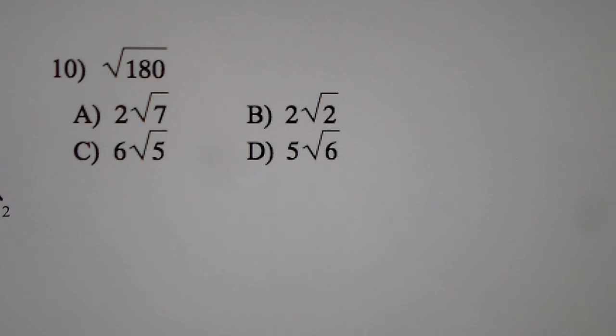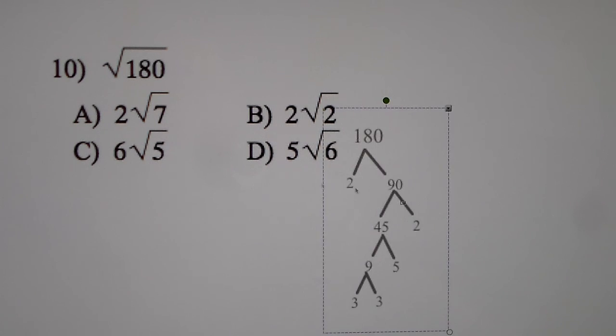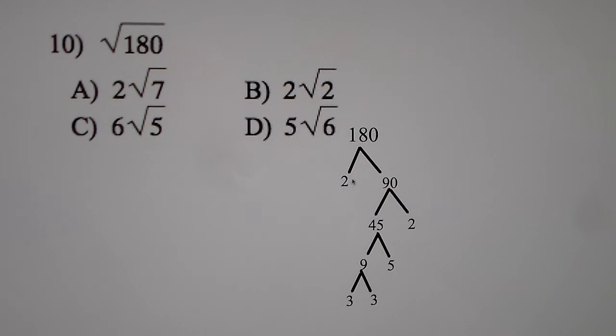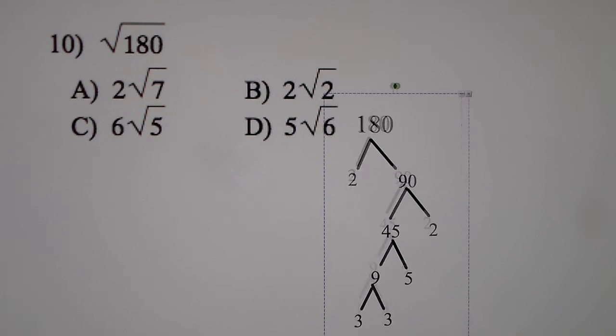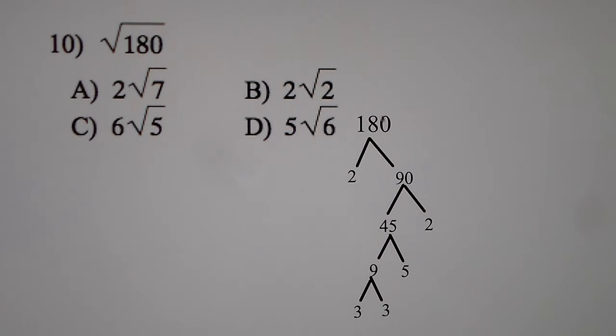Let's try this one, 180. 180 divided by 2 gets us 90. 90 divided by 2 gets us 2 times 45. 45 is divisible by 5s. 9 times 5, but 5 is a prime number, so you circle it. 9 is a composite number, so you break that down to 3 and 3.